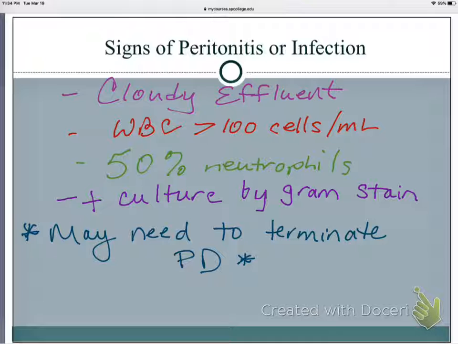We talked about signs of peritonitis or infection: our cloudy effluent, white blood cells greater than 100 cells per mL, 50% neutrophils, positive culture by gram stain. And if we have too many infections, we may need to terminate.